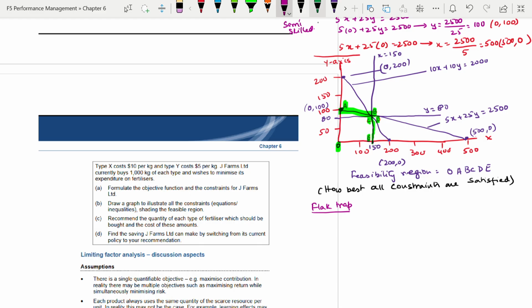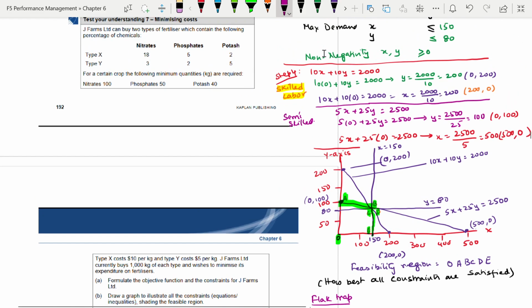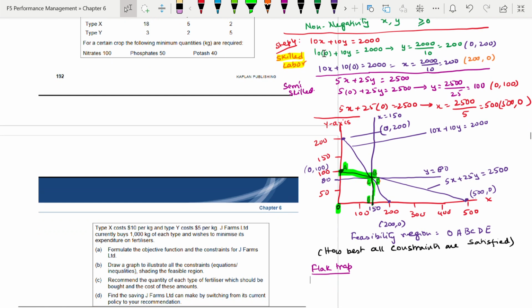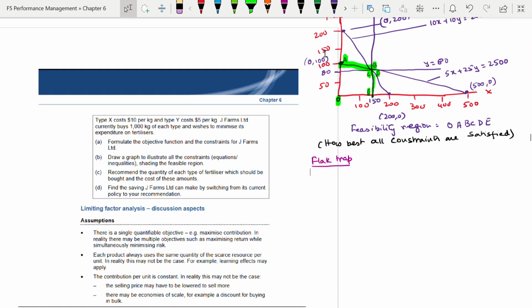Now, what is the first equation? The first equation is 10x plus 10y equal to 2000. How much is the flag trap demand? Demand is 150, and it is x.